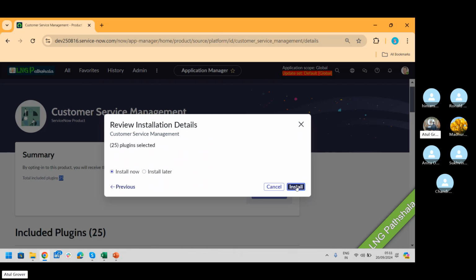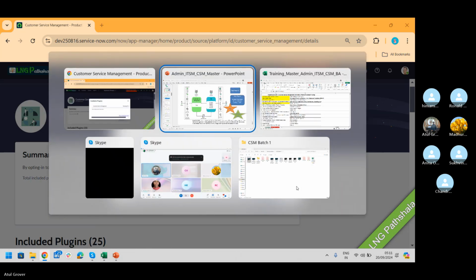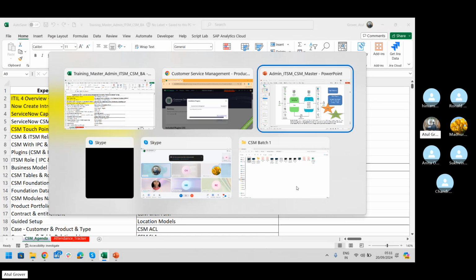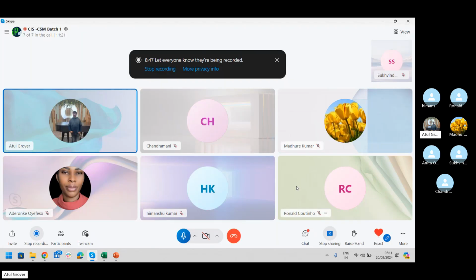Let me click on install here. By the time it gets installed, we will start our discussion. Okay, now let's come to the main point. Till this point, everybody clear? Doubt, question, clarification?